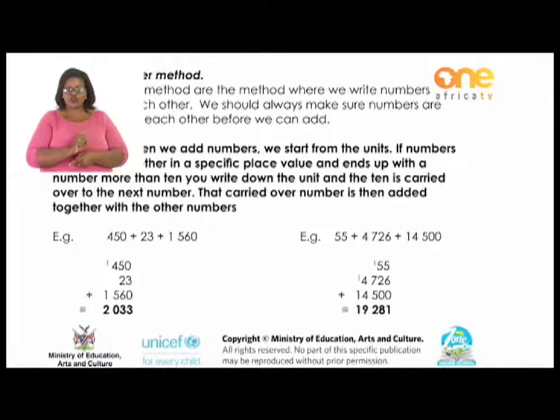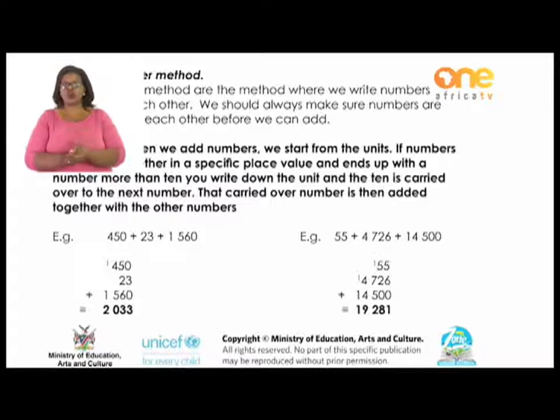55 plus 4,726 plus 14,500. We make sure our numbers are neatly written underneath each other. Units under units, tens under tens, hundreds under hundreds, thousands under thousands, and 10,000s under 10,000s. Now let's add. 5 plus 6 is equal to 11 plus 0.